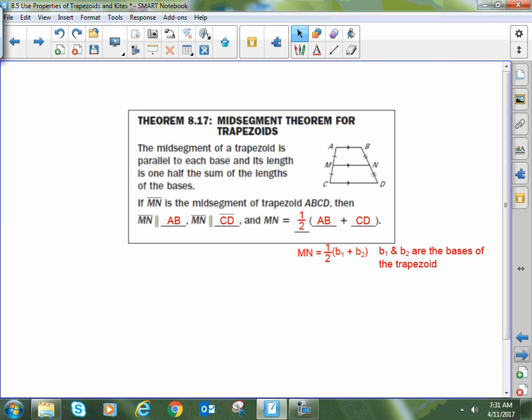Now here we're looking at something I briefly mentioned earlier, called the midsegment formula.